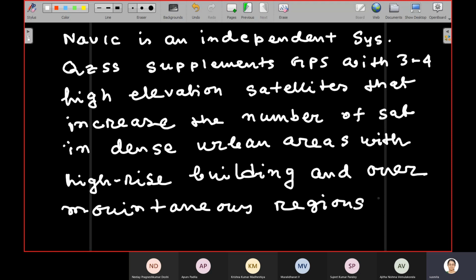So it's not an independent satellite navigation system. It uses GPS, and in addition to that, it has its own high elevation satellites, which are particularly useful while navigating in dense urban areas with high-rise buildings on either side and also over mountainous regions. But NAVIC is an independent constellation under the control of India.